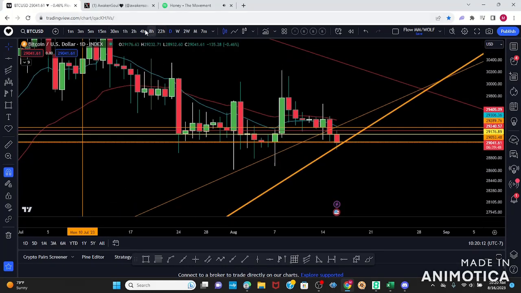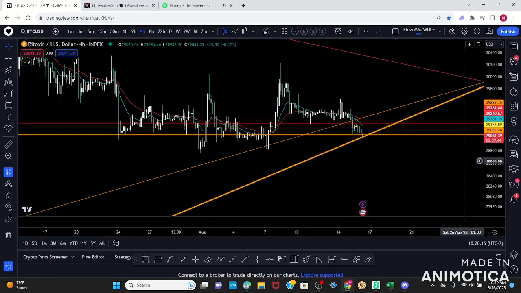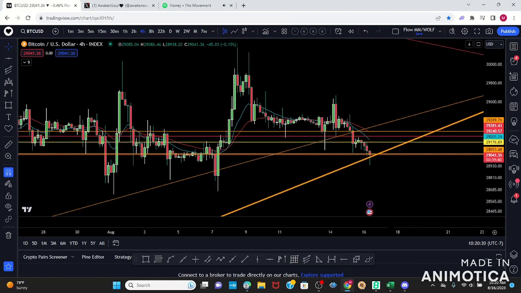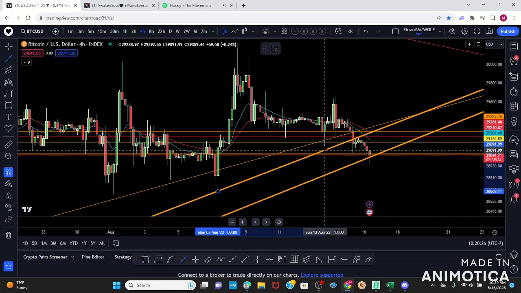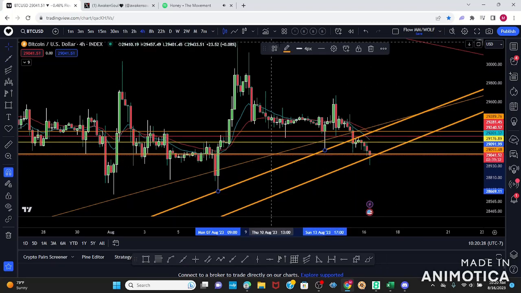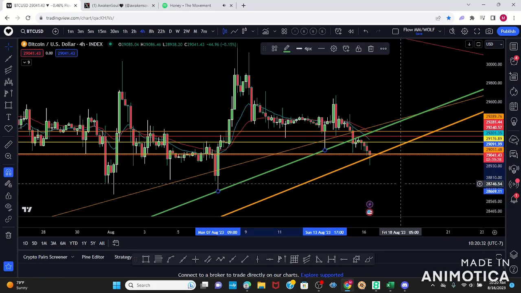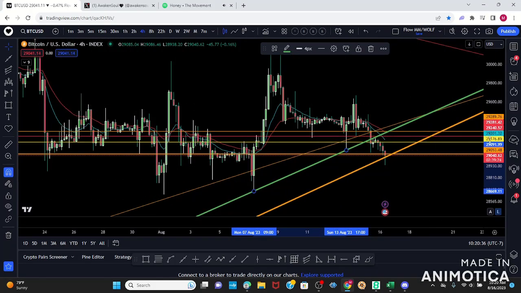Okay, so I am going to go to my 4 hours here because it's moving quick. Yesterday, and this morning too, I shared my 4-hour target, and I just want to show you really quick. This was my 4-hour target based on this break, and I took this beautiful short, and again I did share in my Discord before it happened, after it happened, and I took profits.